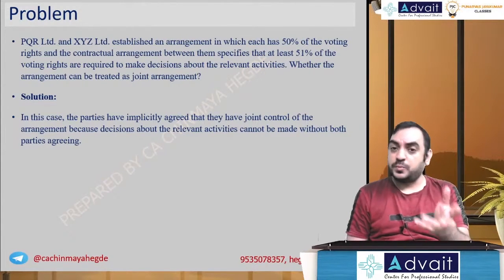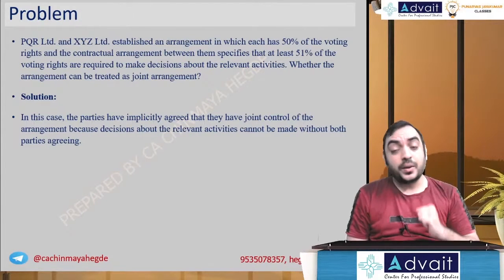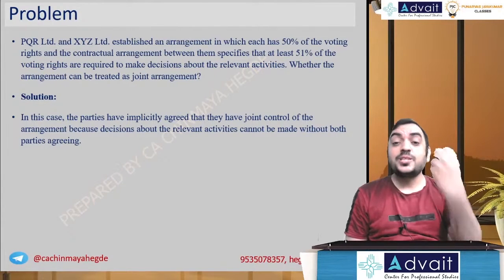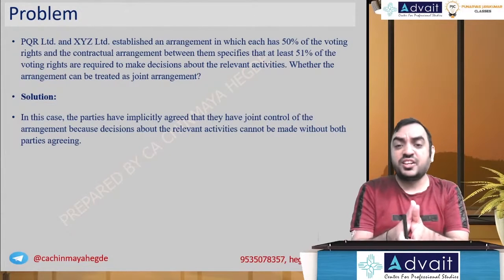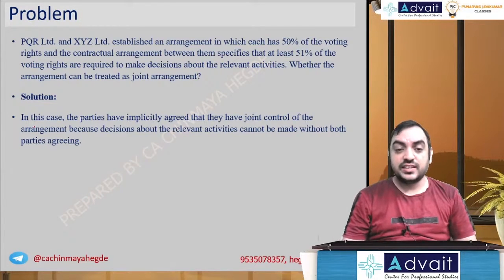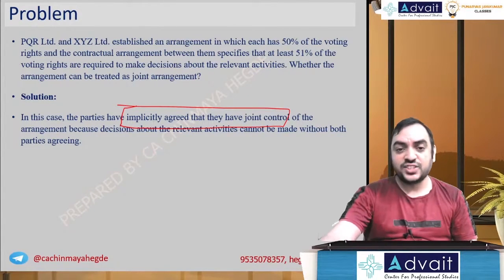Both the parties means it requires unanimous consent of both the parties. One party can stop another party from taking a decision. Joint consent is required, and the contractual arrangement is in place. Yes, they have the joint control.